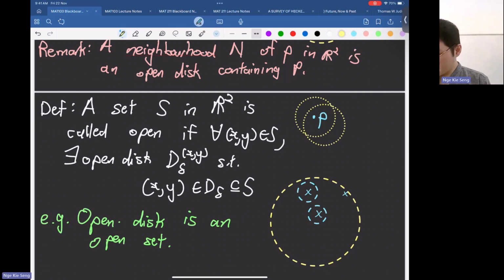So let's fix our center. Let's say (a, b).